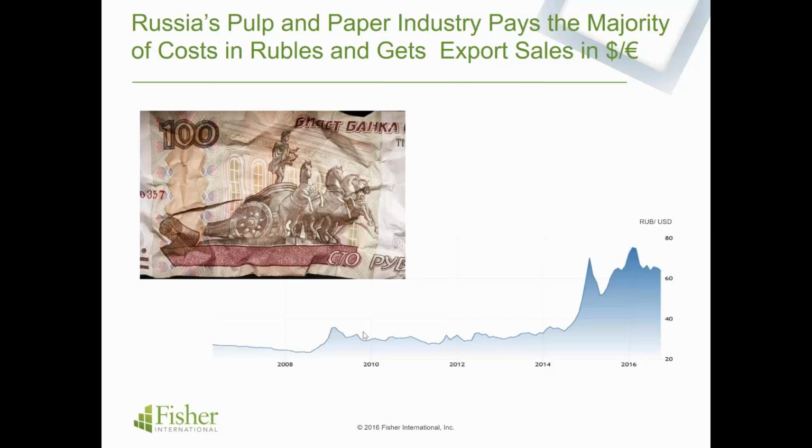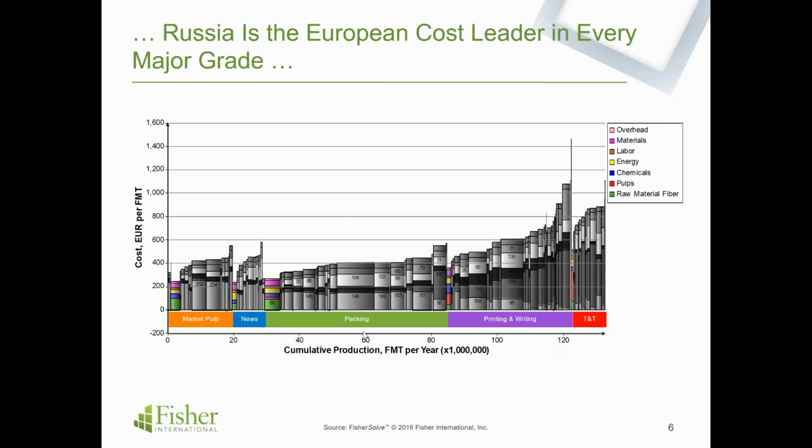So let's start with currency exchange changes and ratio changes. And here is the Russian ruble currency changes in a couple of years, and we can see that it's very favorable for Russians to export to other countries.